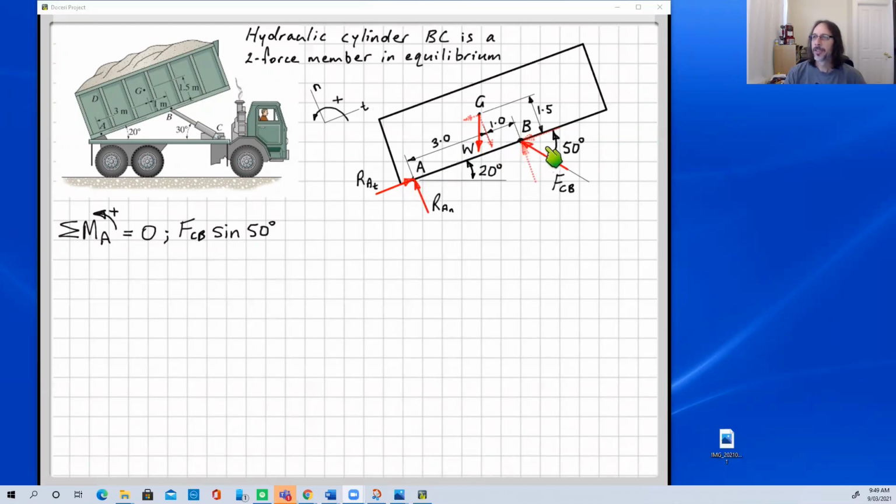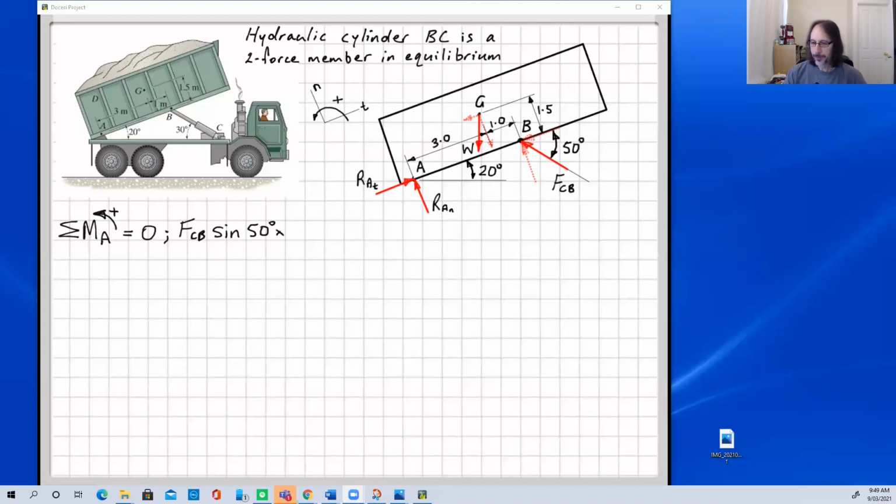FCB cos 50 will have zero moment. The other thing we need to check now is whether this is a positive or negative moment. If this is pushing up here, then this will tend to rotate this dumpster anti-clockwise, so that'll be a positive moment.